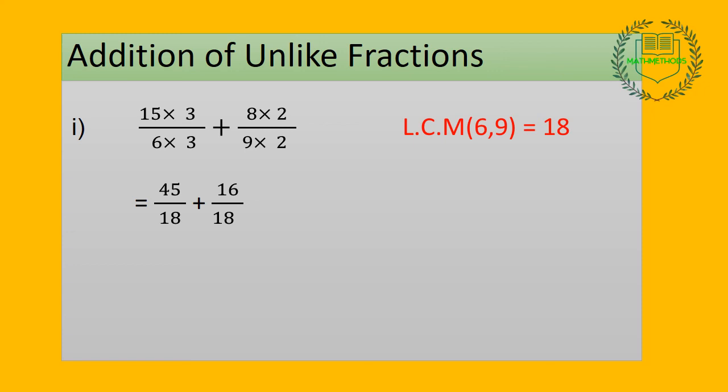Now the denominator in both the fractions is the same, that is 18. So we can add the numerators 45 plus 16 and keep the common denominator. Thus we get 61 upon 18 as the answer.